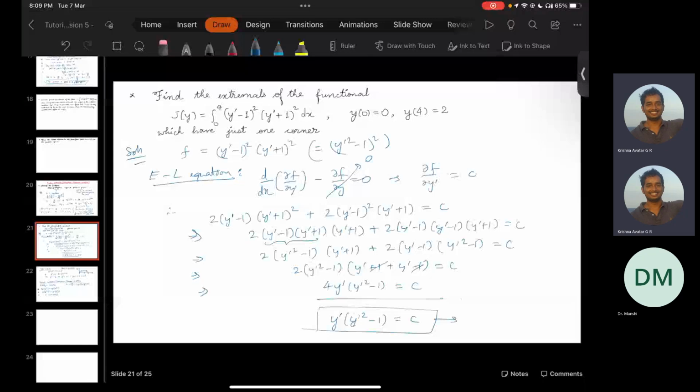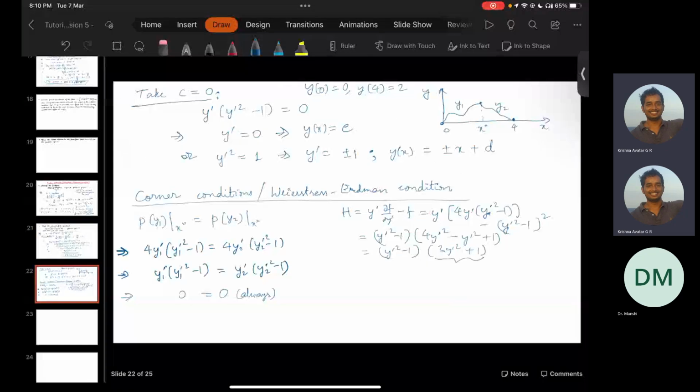Now from the corner condition, we have H at x star due to y1 prime at x star is equal to H due to y2 prime. This has to be equal at x equal to x star. So condition 1, condition 2.